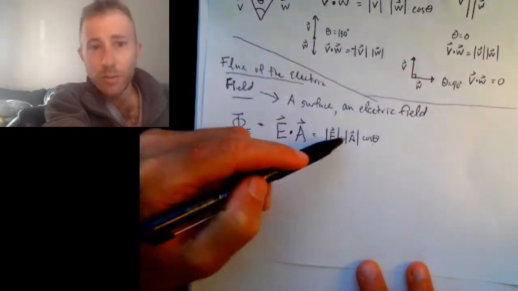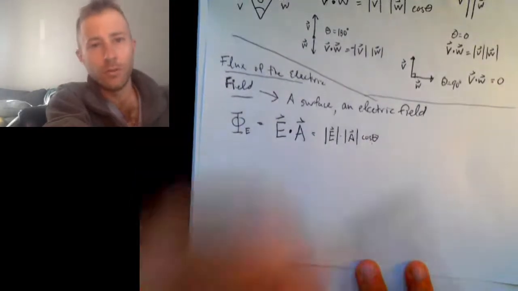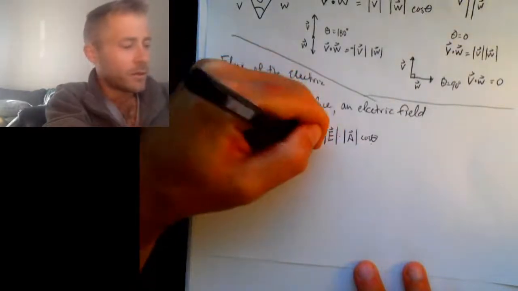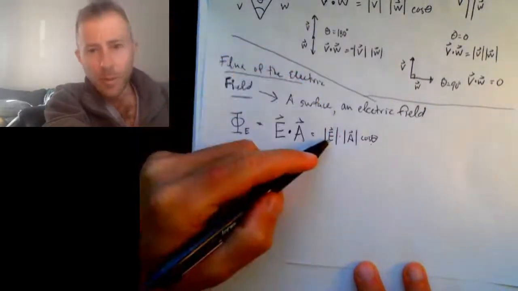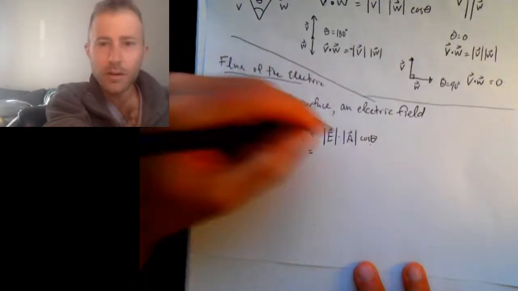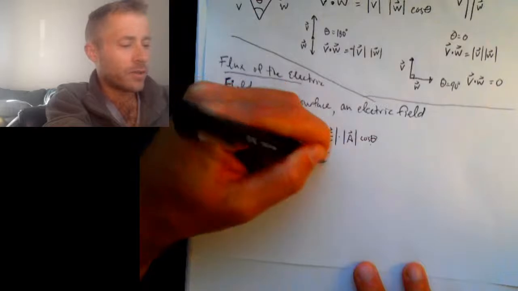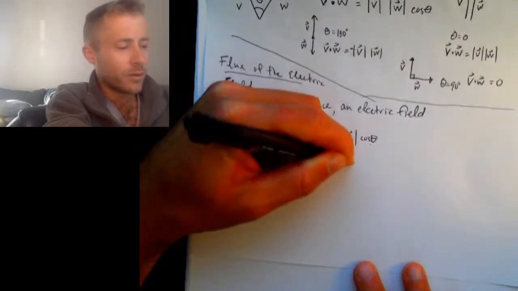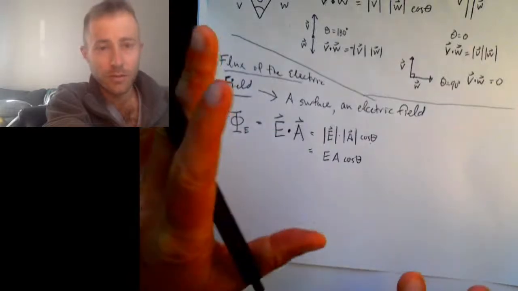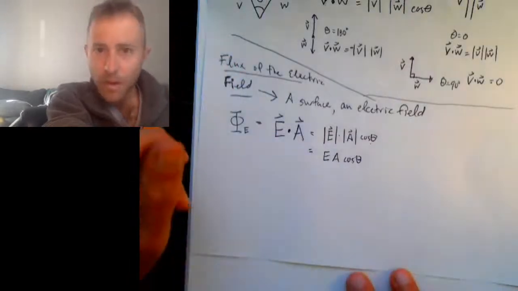The area vector points normal to the surface. Okay, so remember when I do magnitude, sometimes I just drop the arrow. So I can write it as EA cosine of theta, where there's no arrow above E or A, so I mean the magnitude of those quantities.